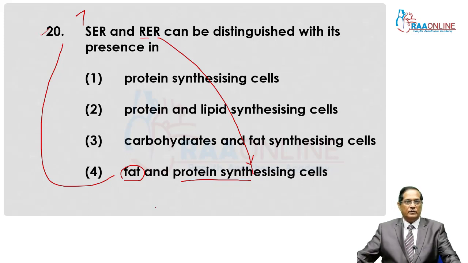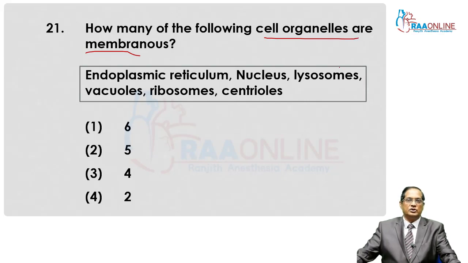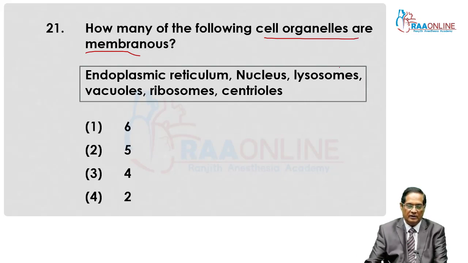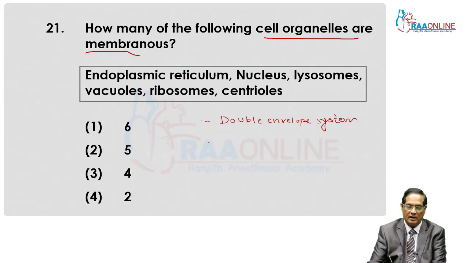Question number 21. How many of the following cell organelles are membranous? Membranous cell organelles are a feature of the eukaryotic cell. The eukaryotic cell is known for the double envelope system, that is, the cell as well as the cell organelles are both membrane bound.